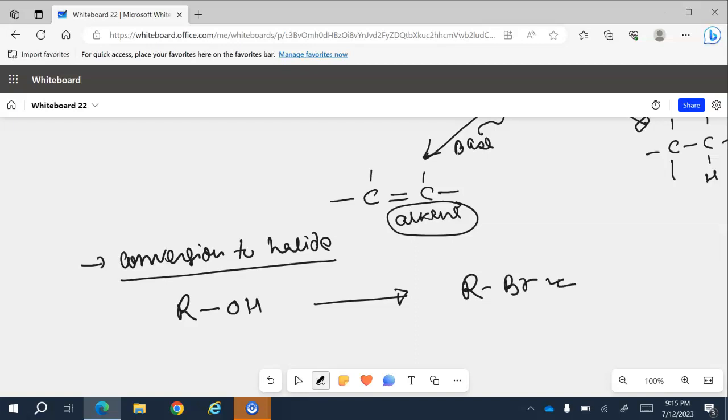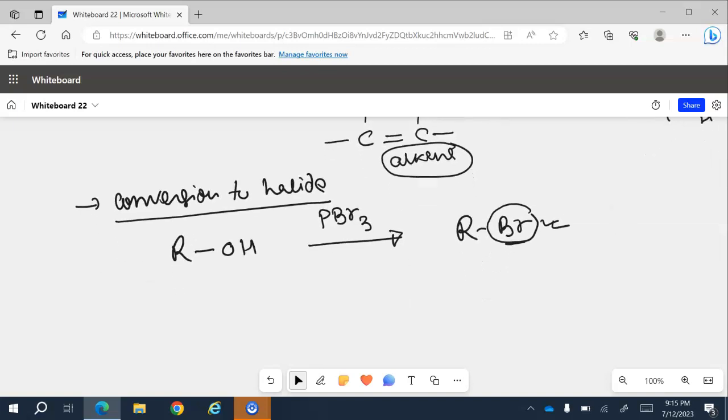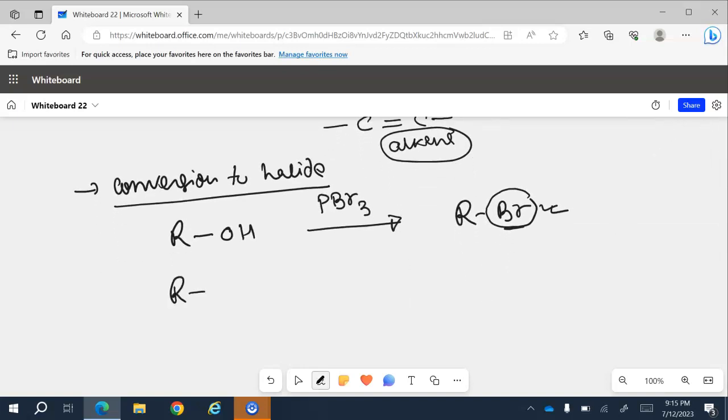For this, the best reagent if you wanted to put bromine, memorize one reagent that is called phosphorus tribromide, PBr3, that will convert it into RBr. And if you wanted to convert into chloride, then you might think that, well, we can use PCl3, then you will get RCl, which is fine, but there is a much better reagent than that.